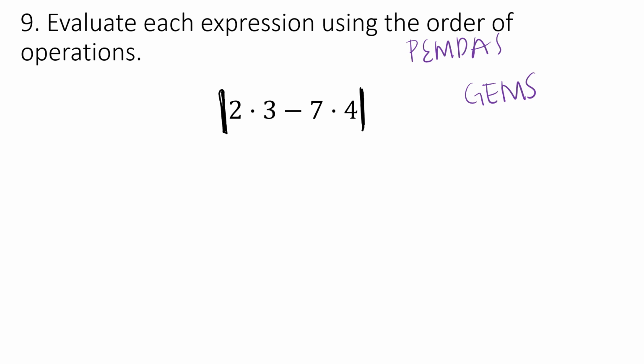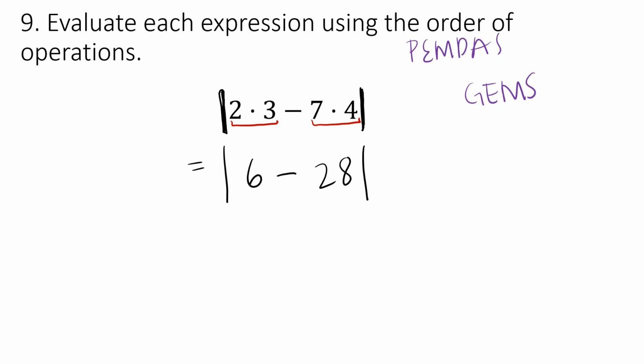There's actually nothing outside of the absolute value in this expression, so I don't have to worry about that. I'm going to proceed by doing my multiplication, left to right, so I'm going to do 2 times 3, and then I'm going to come over here and do 7 times 4. So that's equal to the absolute value of 2 times 3 is 6, minus 7 times 4 is 28.